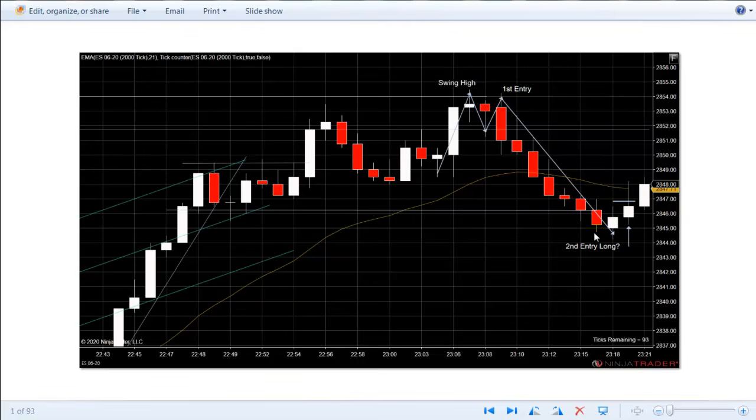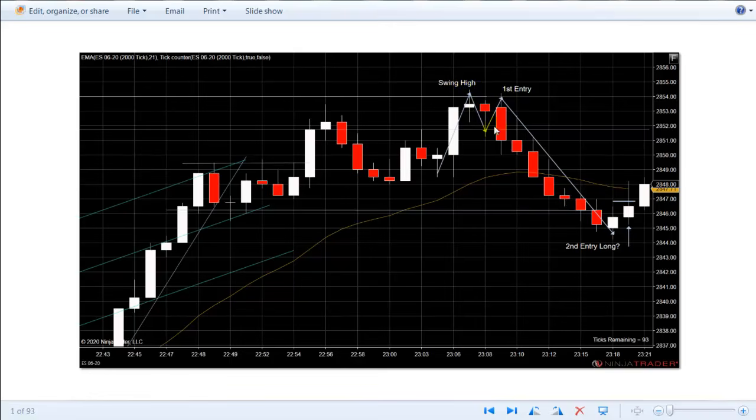But the way I would look at this is notice how that's all moving in unison. That's really one leg down. So you're probably going to get another move down. So I would count this double top as a new high, and that is a first entry. That's the proper way to count that. I always tell you can count these either way. You can go new high, first entry, and then second entry, but this is basically a double top.